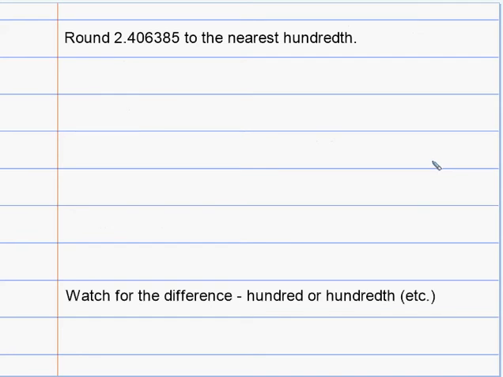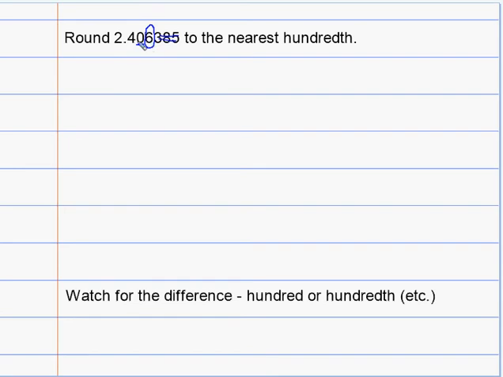Okay, if we want to round decimal numbers to the nearest hundredth or nearest thousandth, whatever it is, first we have to identify what the place is that we are rounding to. So the hundredths place is the second one, so it's going to be here, this 0, and then we would circle the next digit, so the 6, and then all these after the circled digit, they don't matter anymore.